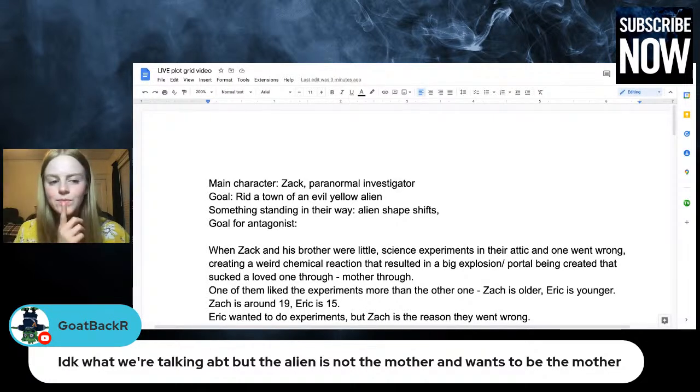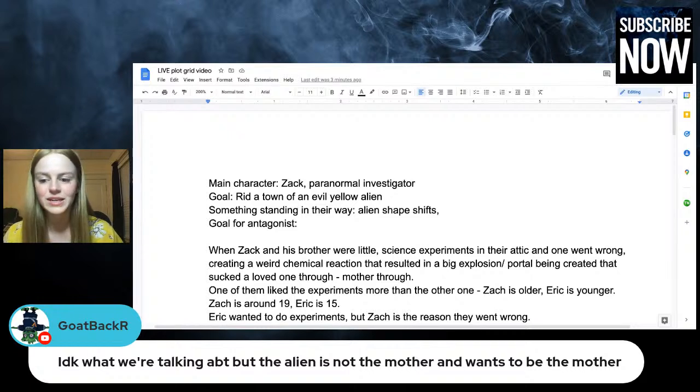What we're talking about is we're plotting out a story from scratch, brainstorming together and trying to figure out the major conflict. Right now we have a story about a boy named Zach and his younger brother Eric, who a long time ago were experimenting with scientific experiments in their attic, and something went horribly wrong, and it killed their mother in either a portal opening or giant explosion.